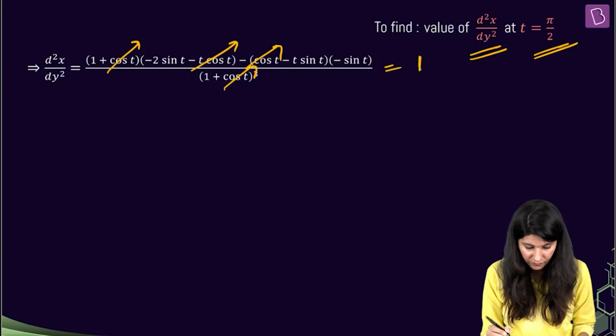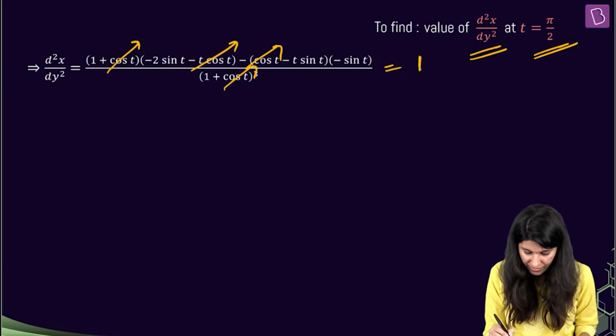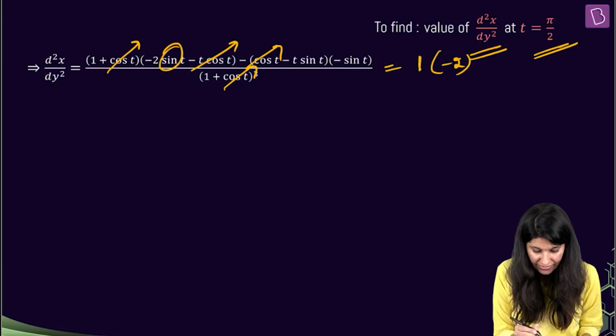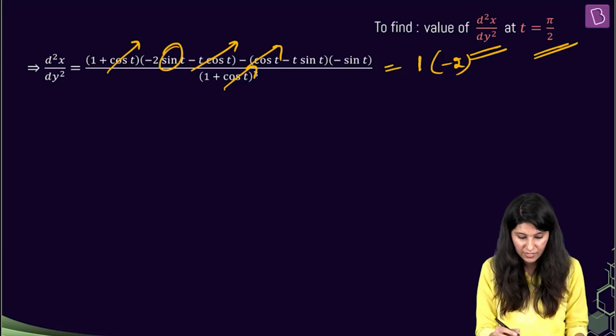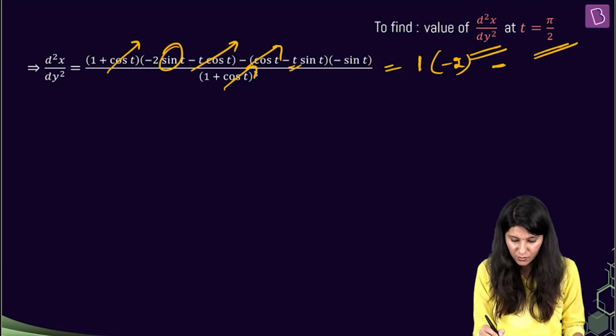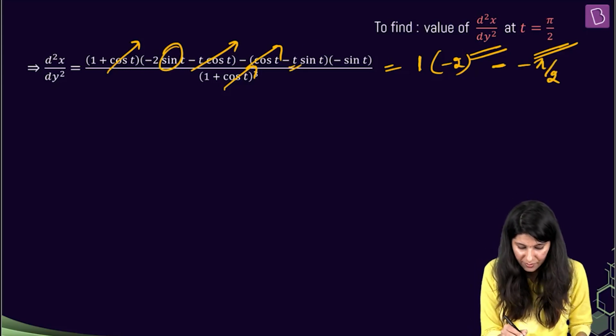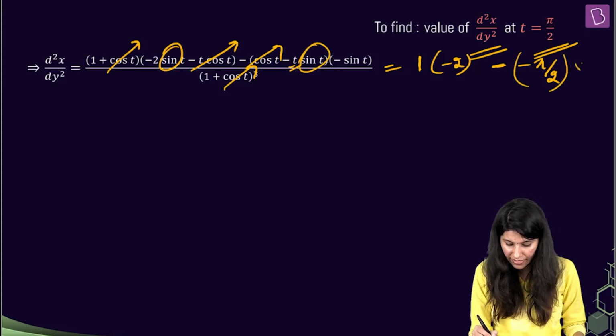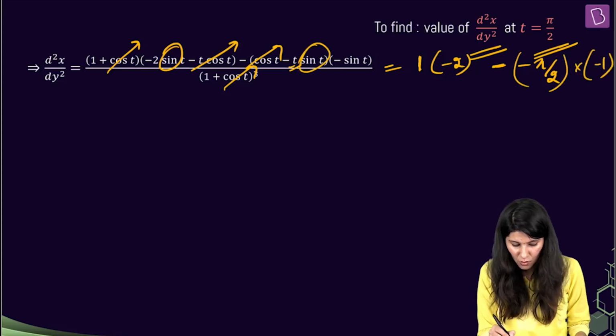So 1, then this multiply minus 2. Why? Because sin t is 1. And then you have a minus sign, and then t is pi by 2. So minus pi by 2 multiply 1, and then inside the bracket again you have minus 1 whole upon 1.